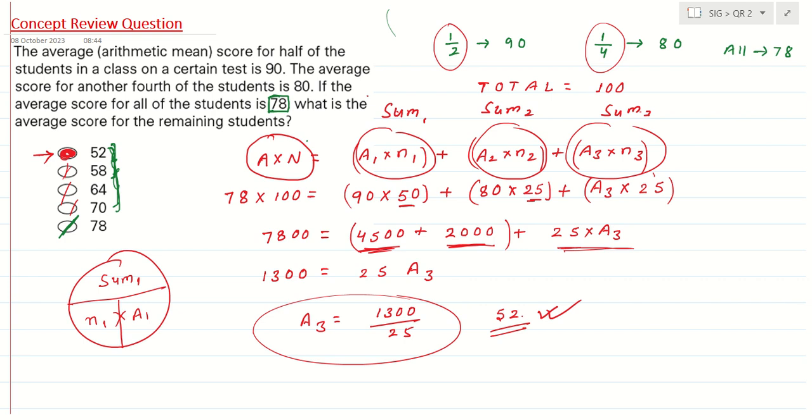And just look at what is already given in the question. I assumed 100 as the total number of students because it's easier to find, because given half of the students, the average is 90. So what is half of 100? That is 50. One-fourth of 100, that is 25. Remaining is 25 here. That's all. So you can assume 100. You may also ask, why not 8, sir? Assume 8 also, not a problem.